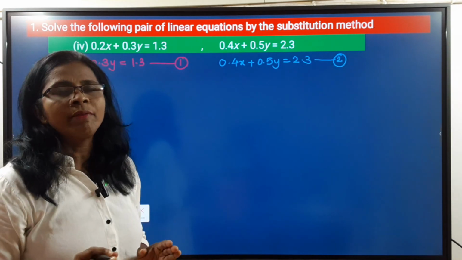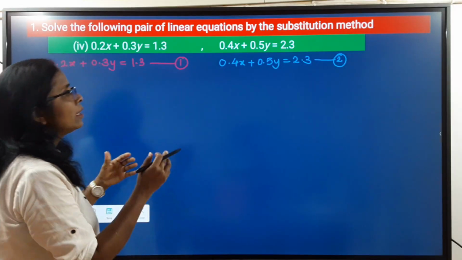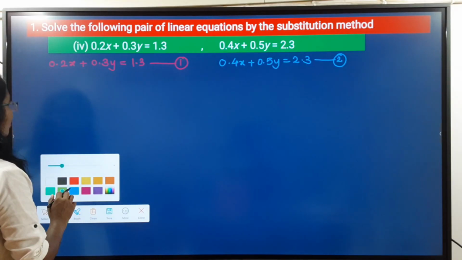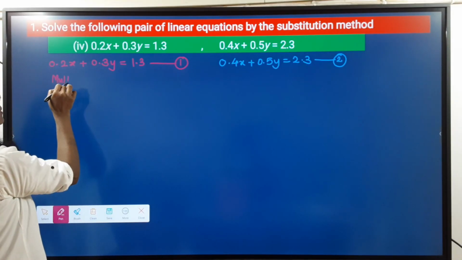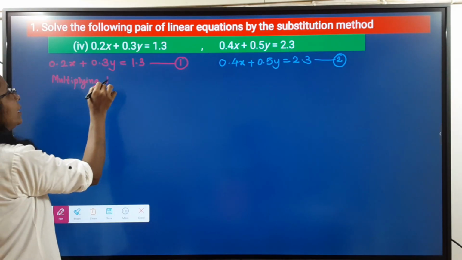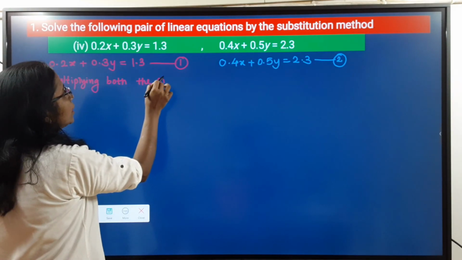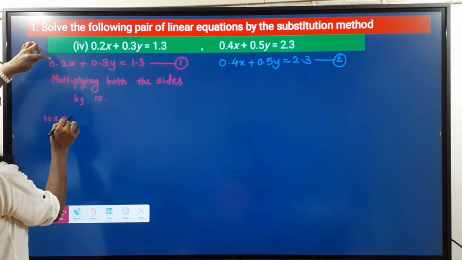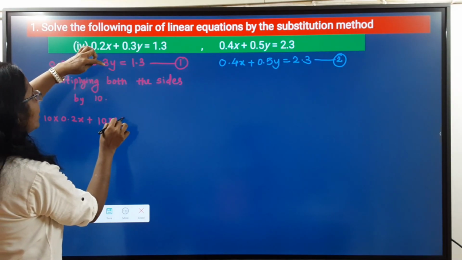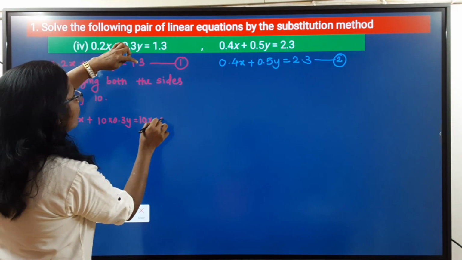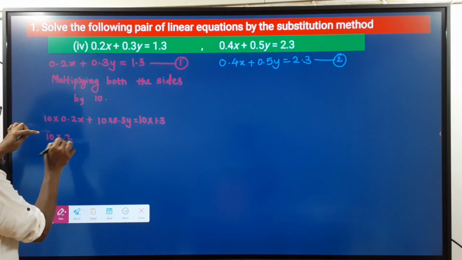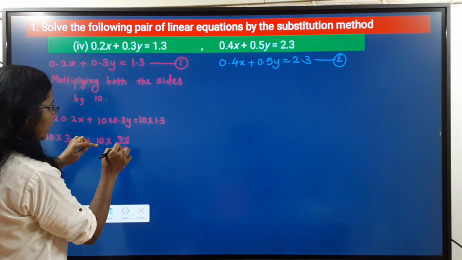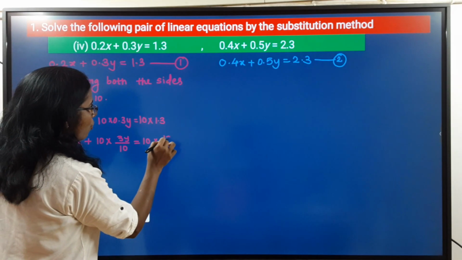Now here students, these equations are in decimal form, so we will further simplify these two equations. How can we simplify these equations? Multiplying both sides by 10. So 10 multiply 0.2x plus 10 multiply 0.3y is equal to 10 multiply 1.3, that means 10 multiply 2 upon 10 x plus 10 multiply 3y upon 10 is equal to 10 multiply 13 upon 10.